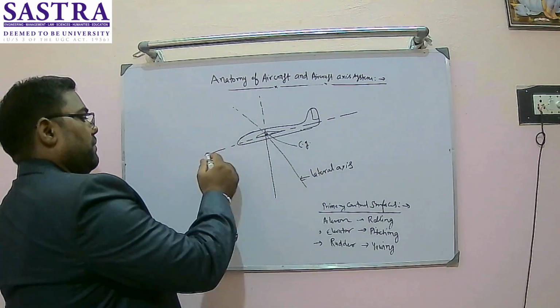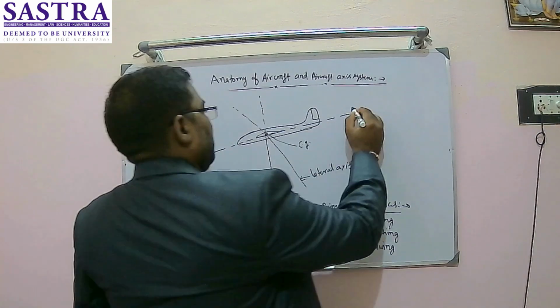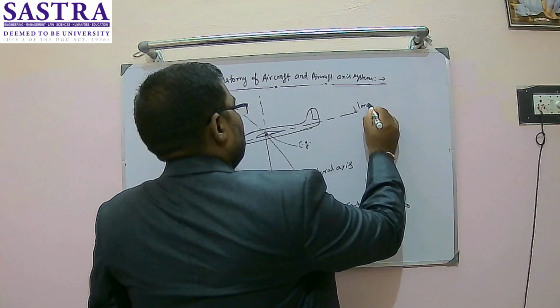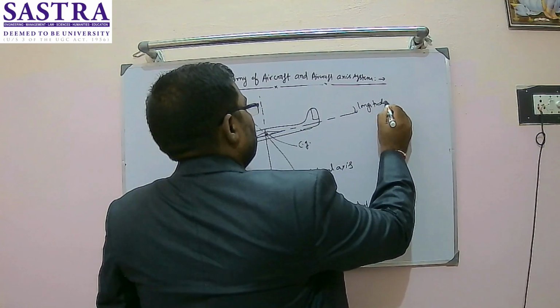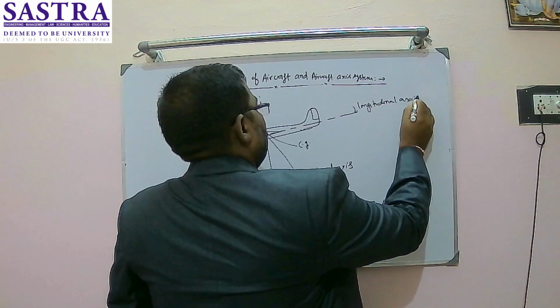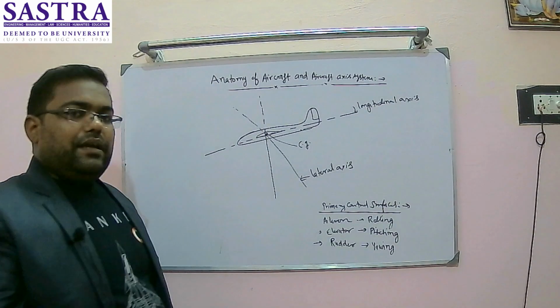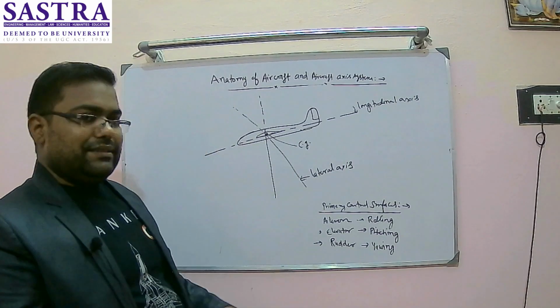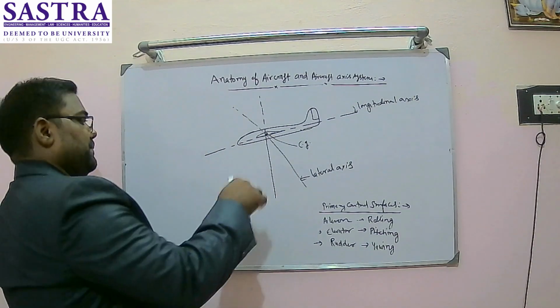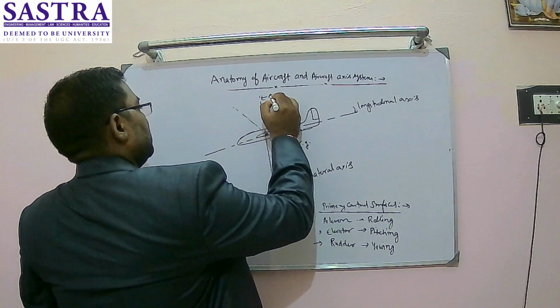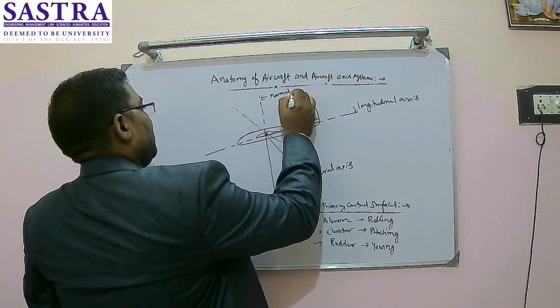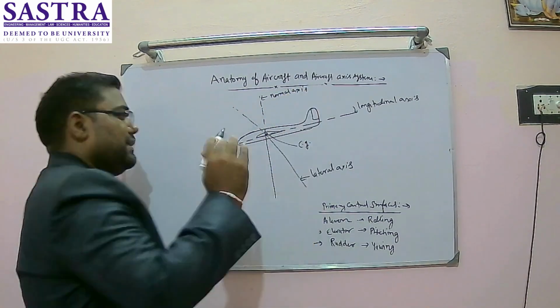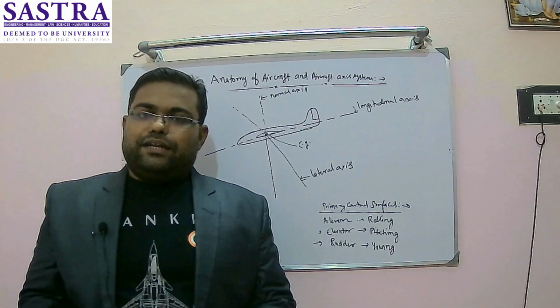A line moving from front to the back of the aircraft is known as the longitudinal axis, and a line passing perpendicular to both of these two axes and going through the CG position is known as the normal axis.